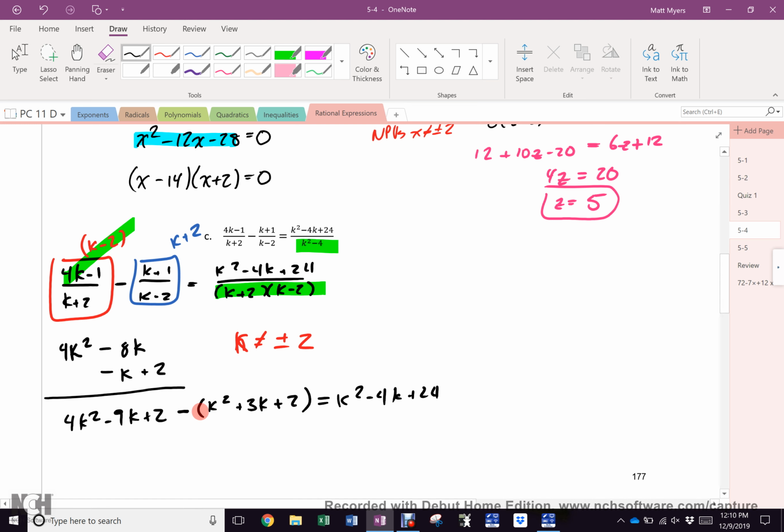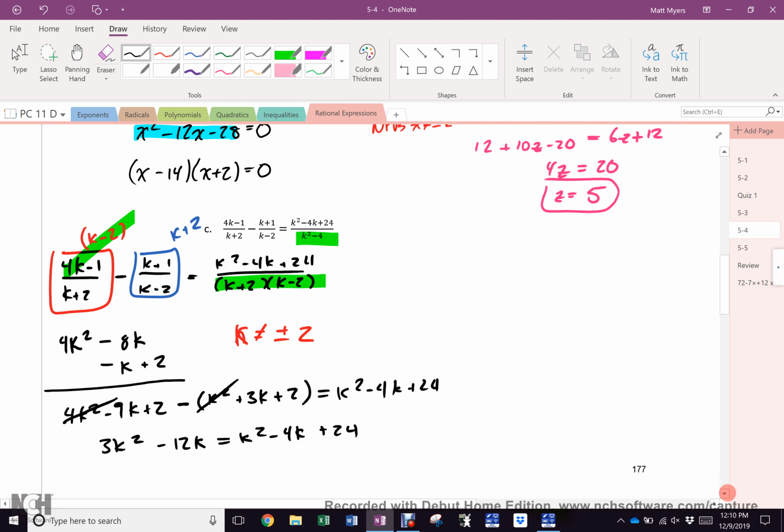What's 4k minus a k? Gone, gone. What's negative 9k minus 3k? And what's 2 minus 2? Equals k squared minus 4k plus 24. Now what?